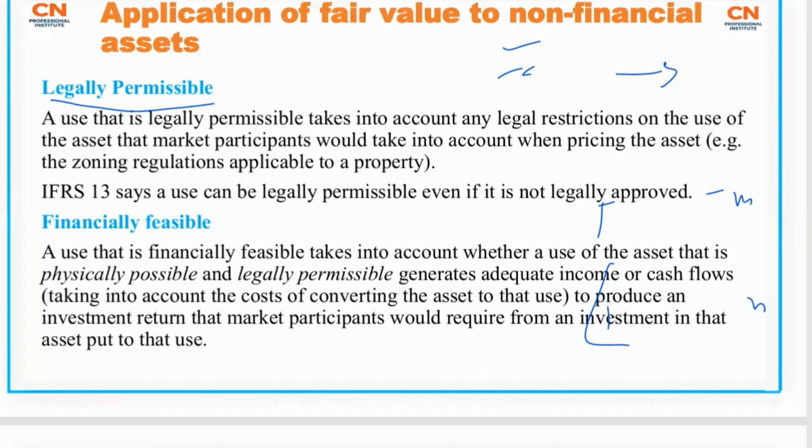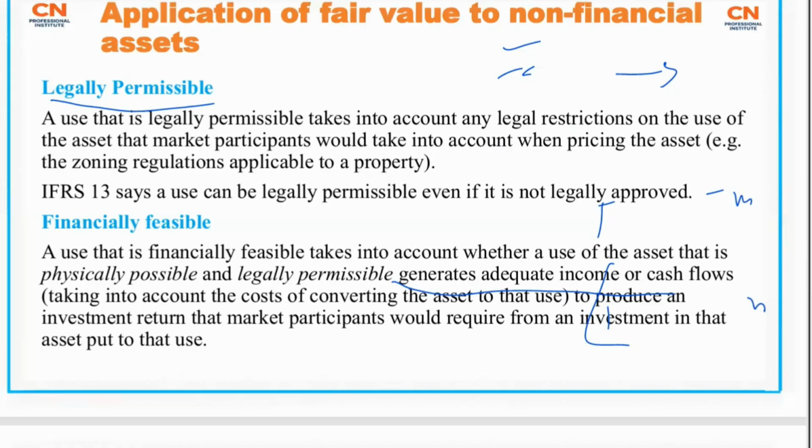With the financially feasible, we are looking at the asset being able to generate enough cash flows. A use that's financially feasible takes into account whether a use of the asset that is physically possible and legally permissible generates adequate income or cash flows.